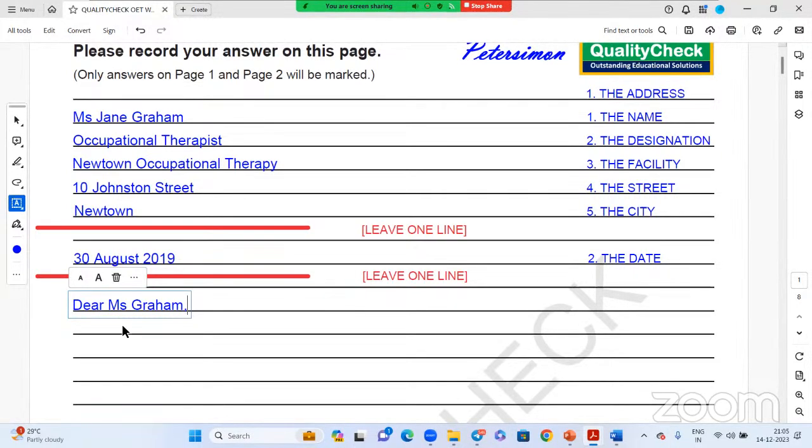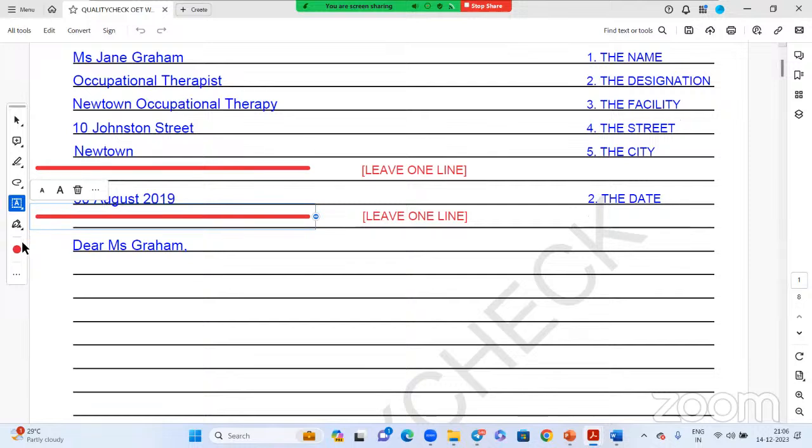Then again you have to leave one line. So here you will write a dear. Dear. And then first title. Then Graham. This you have to do. Right. Next leave again one line. Okay.